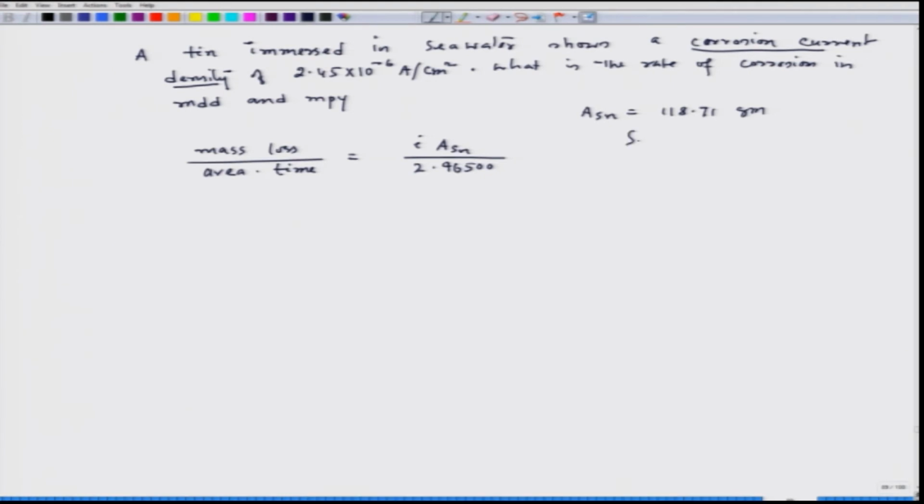Sn is going into the solution as Sn plus 2 plus 2e, so that means n becomes 2.